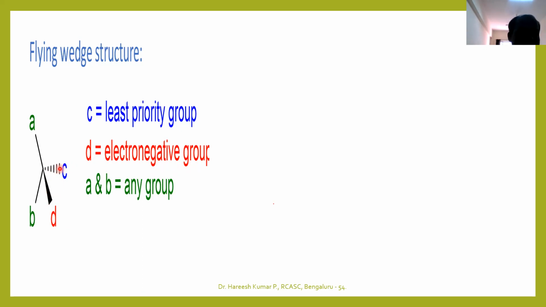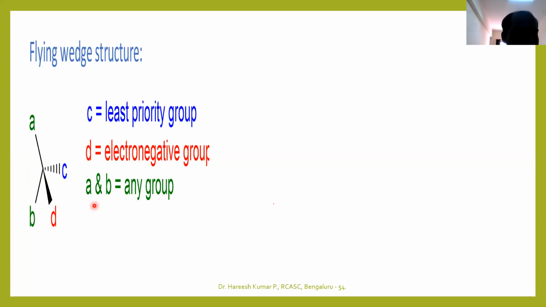And here the broken line bond is called C, and this group is the least priority group. Least priority means, I think here A, B, C, D is there. From that, the least priority group should be the C, and out of four, the electronegative group should be the D, and A and B can be any group.